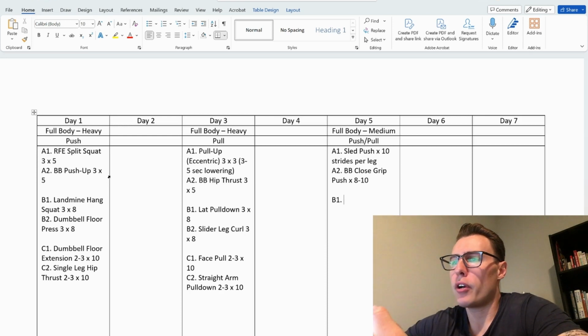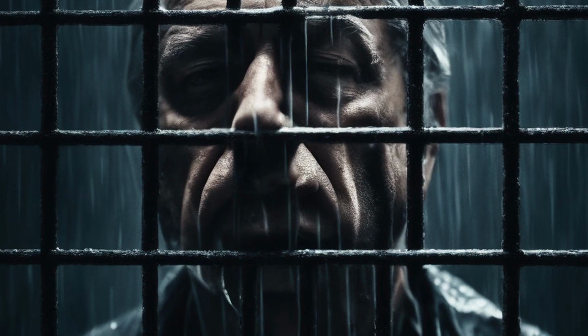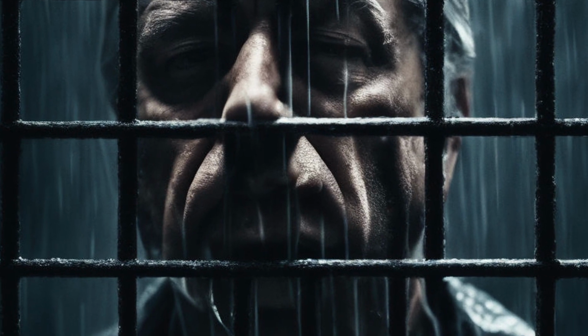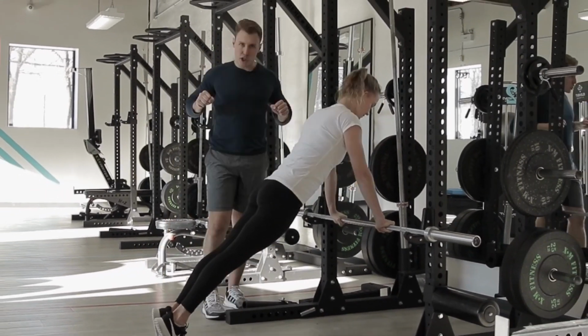I can't remember where I heard this analogy, but I love it. Let's say you are trapped in prison for 30 days, and you get told that the only way you're allowed out of your cell on the 30th day is if you're able to do 100 push-ups consecutively in one set.